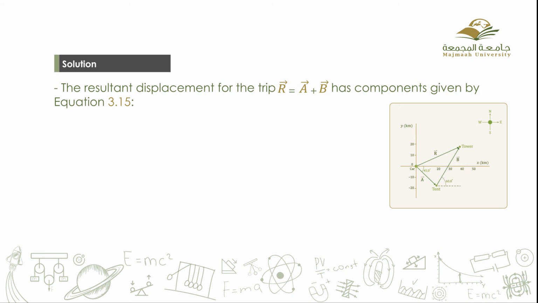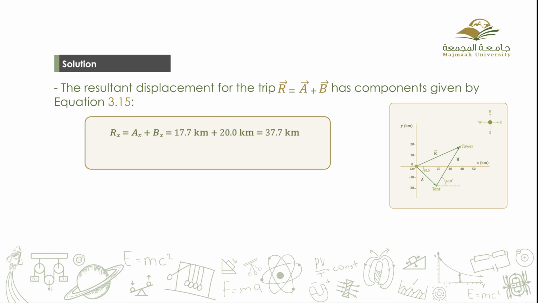This can be done by adding the components of the x direction together. Rx will be equal to Ax plus Bx, which is 17.7 plus 20, which results in 37.7 kilometers.